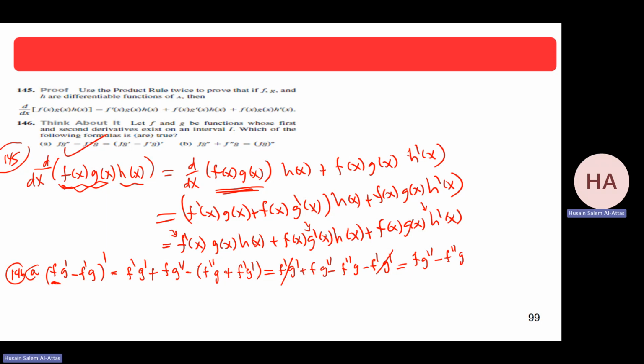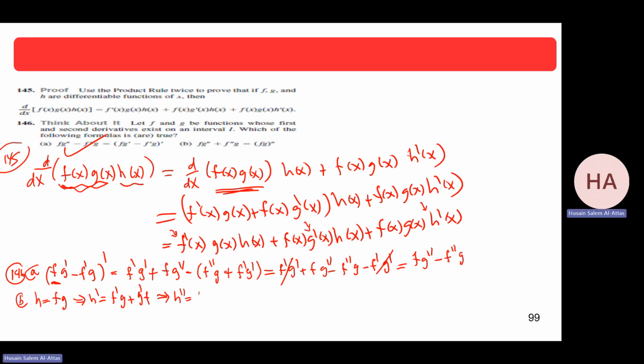Second one, B, (fg) double prime. I need to do it in steps. Call h as fg. What will be h prime? It will be f prime g plus g prime f. What will be h double prime?